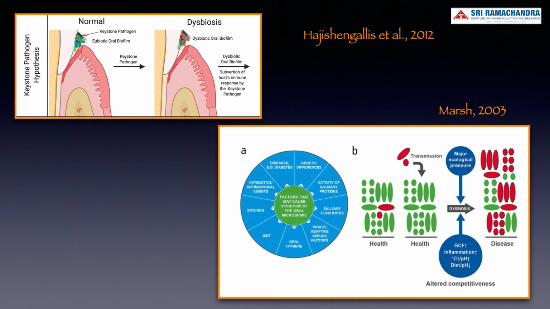There are a range of factors that can cause this dysbiosis, including oral hygiene, diet, habits like smoking, salivary flow rates, activity of salivary proteins, conditions like diabetes, and genetic differences.